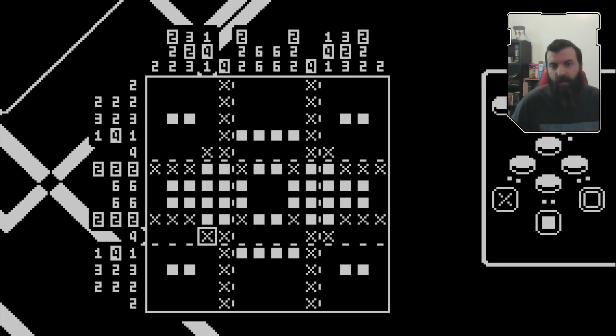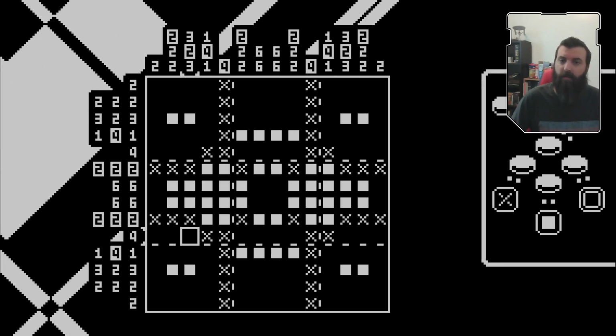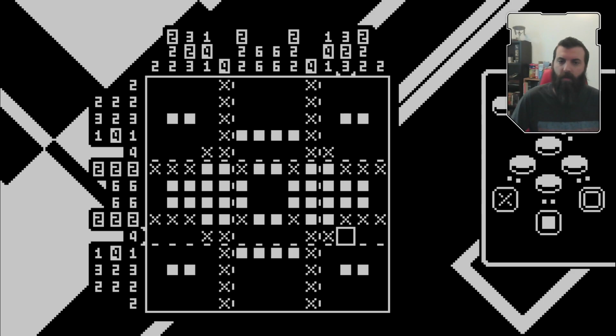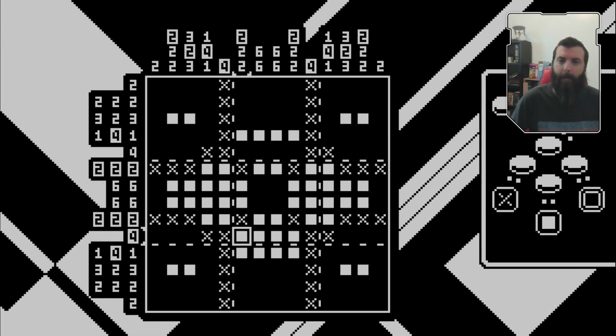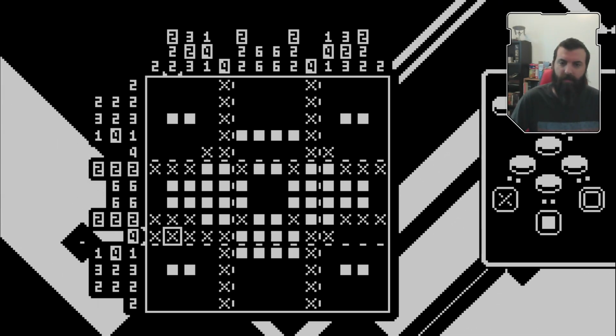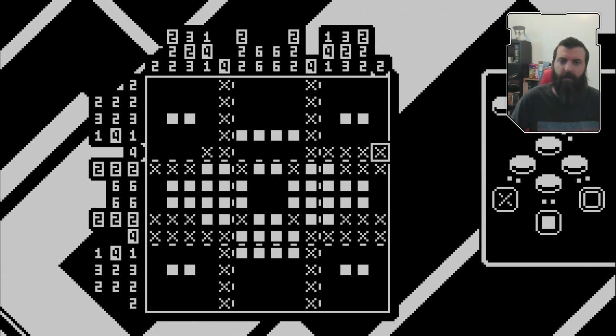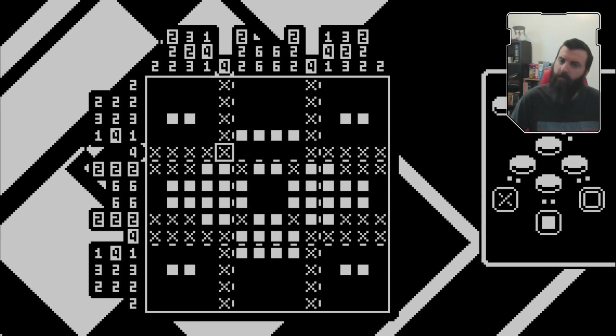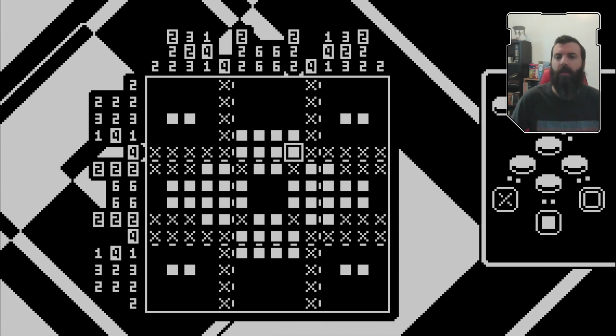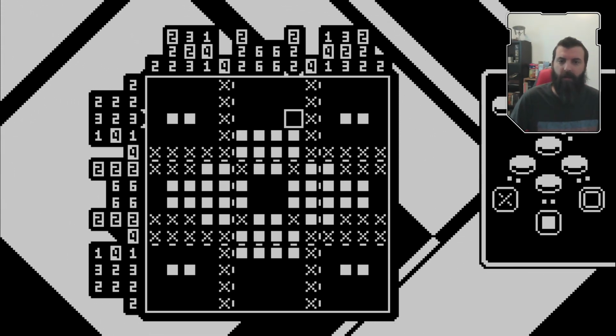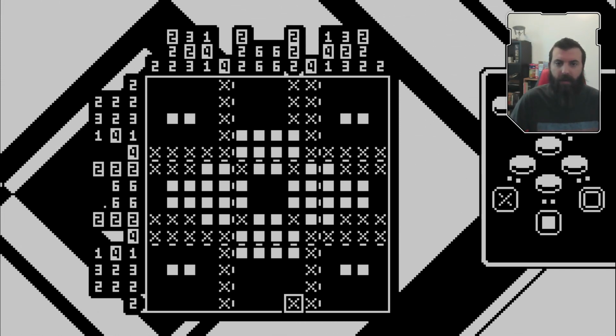That in turn couldn't fit a horizontal 4 here or over here. It has to go here. Those in place, we can look at our vertical 2s.